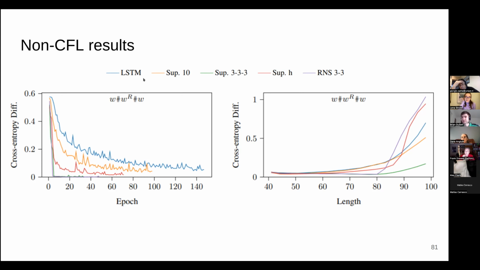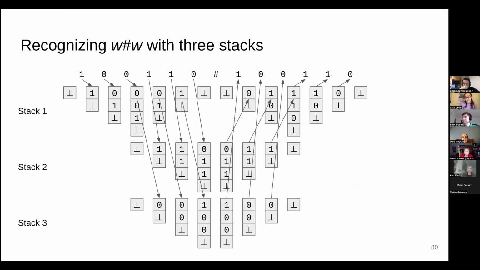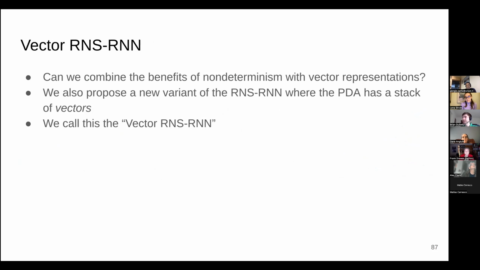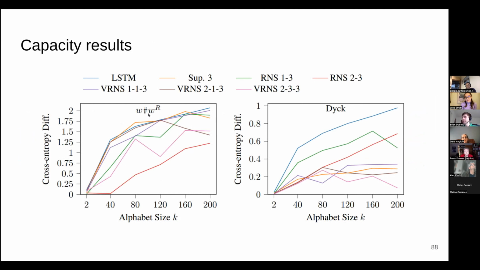Do you have any idea why you have difficulties generalizing to longer strings? Yeah, I do have a feeling about that. This is an untested hypothesis, but from looking at the weights manually for languages like the W marker W reverse task, going back to the capacity results, the solution that the model learns is actually not the way you would handwrite a PDA.